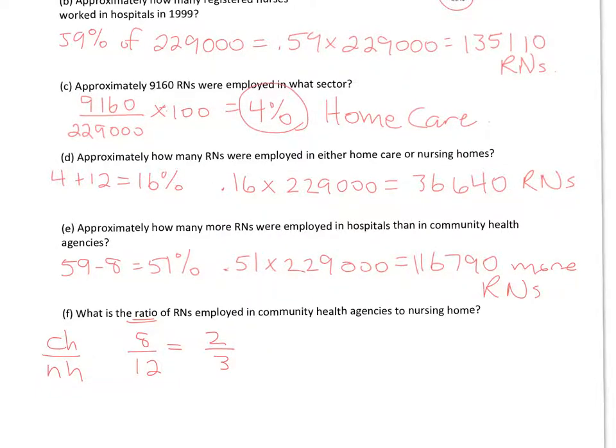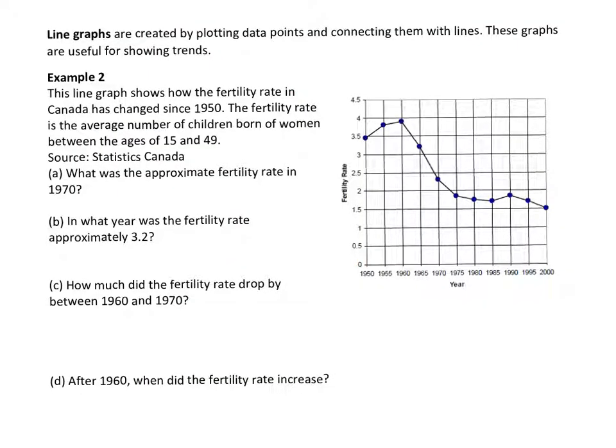All right, let's move on to line graphs. Line graphs are created by plotting data points and then connecting them with lines. And they are very useful for showing trends, especially over time. If you look at the graph that we have here, we can see that it's comparing fertility rate, which is the average number of children born to women between the ages of 15 and 49.